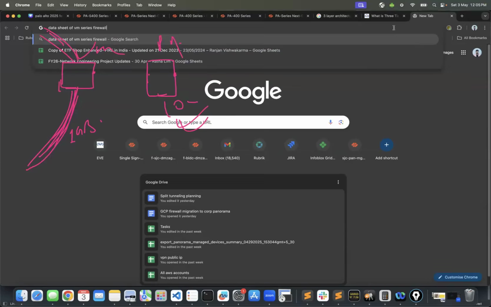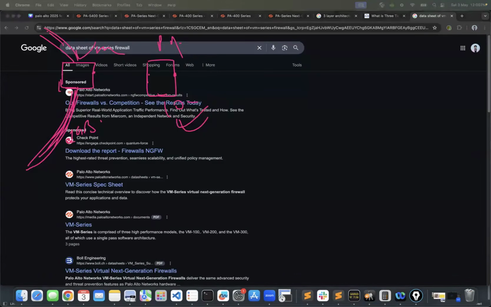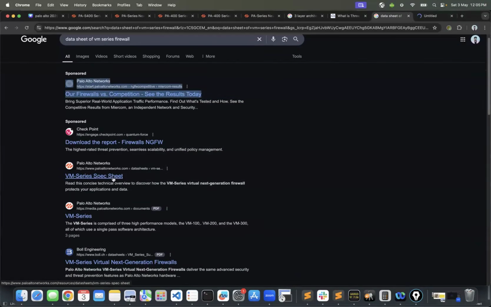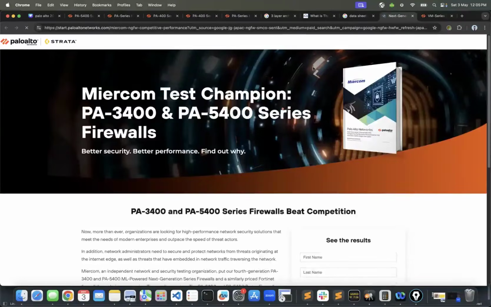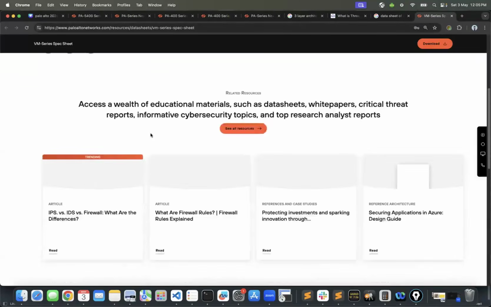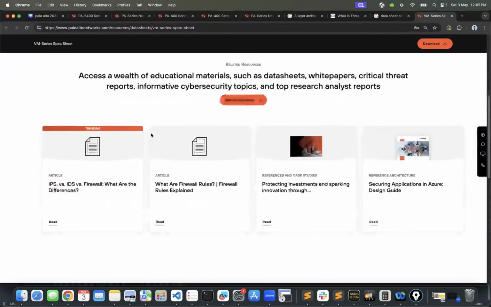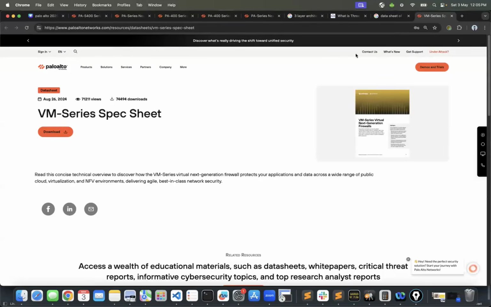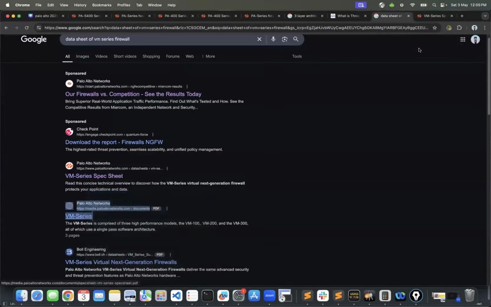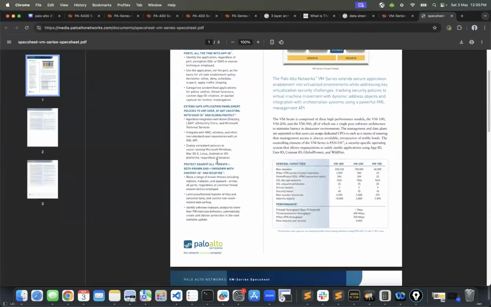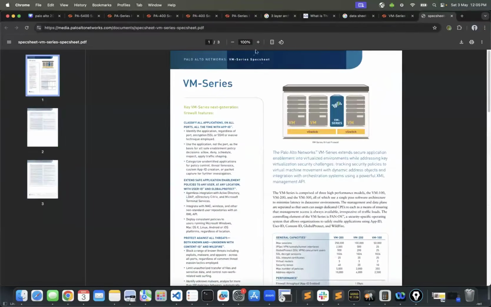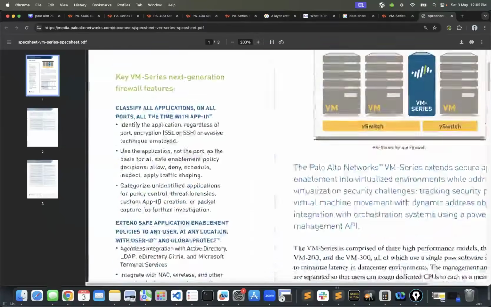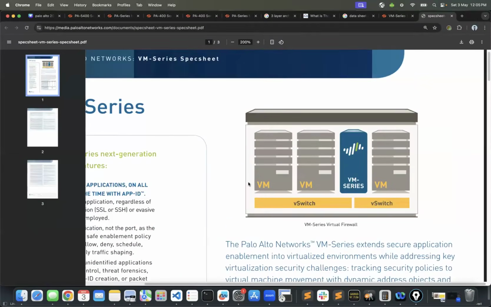I will compare it for you guys. See, this is the diagram, a beautiful diagram they have given.